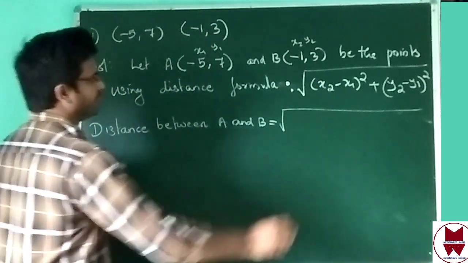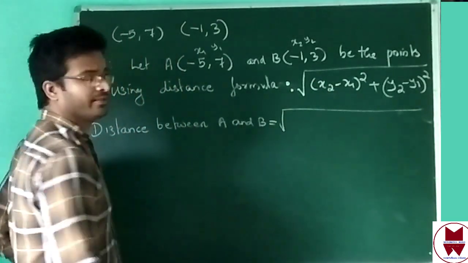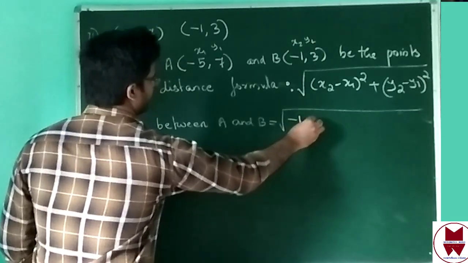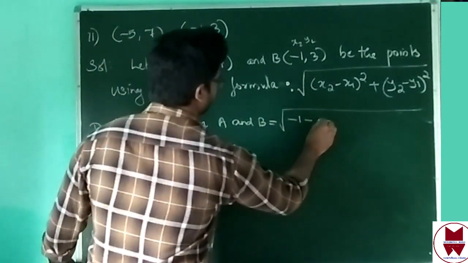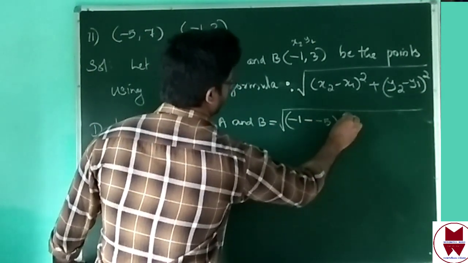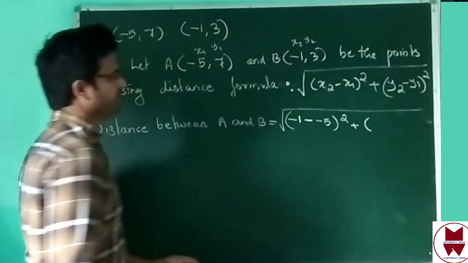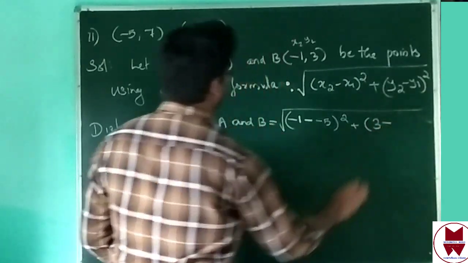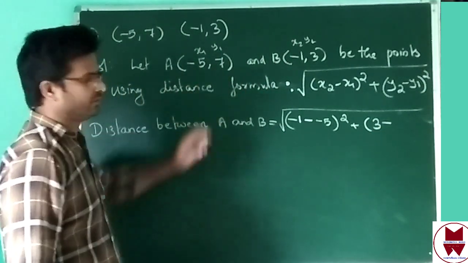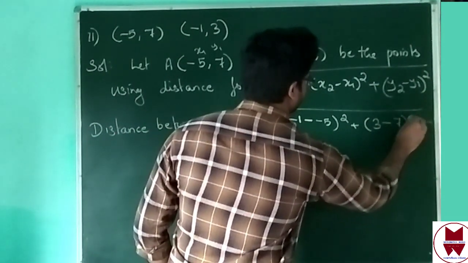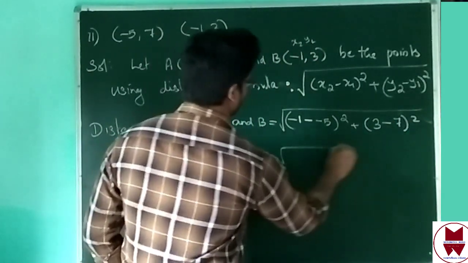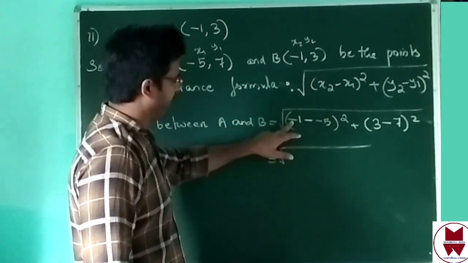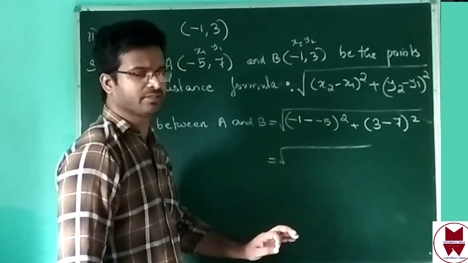Then put all the values in this formula, x2 minus x1. x2 minus x1 means minus 1 minus 5, all square, plus y2 minus y1. y2 in here is 3 minus y1 is 7. Square root of, then minus into minus is plus, isn't it? That means minus 1 plus 5. How much?